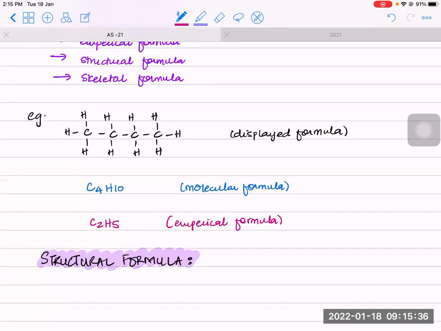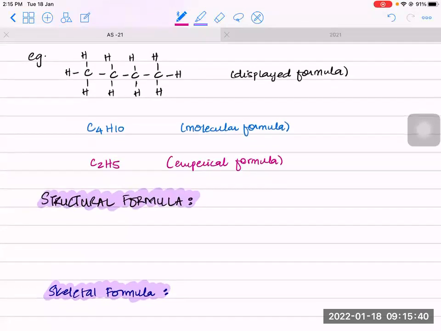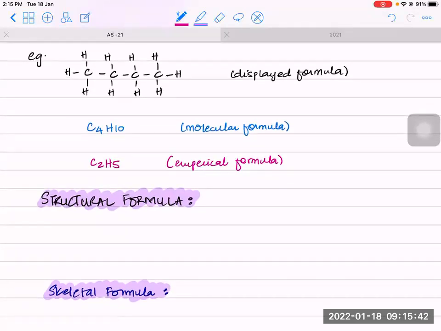Taking the same example of C4H10, let's see how we write the structural formula. It's very important for you to know how to write the structural formula, because most answers need to be given in this form, and you need to know how to write structural formulae in order to understand isomerism.